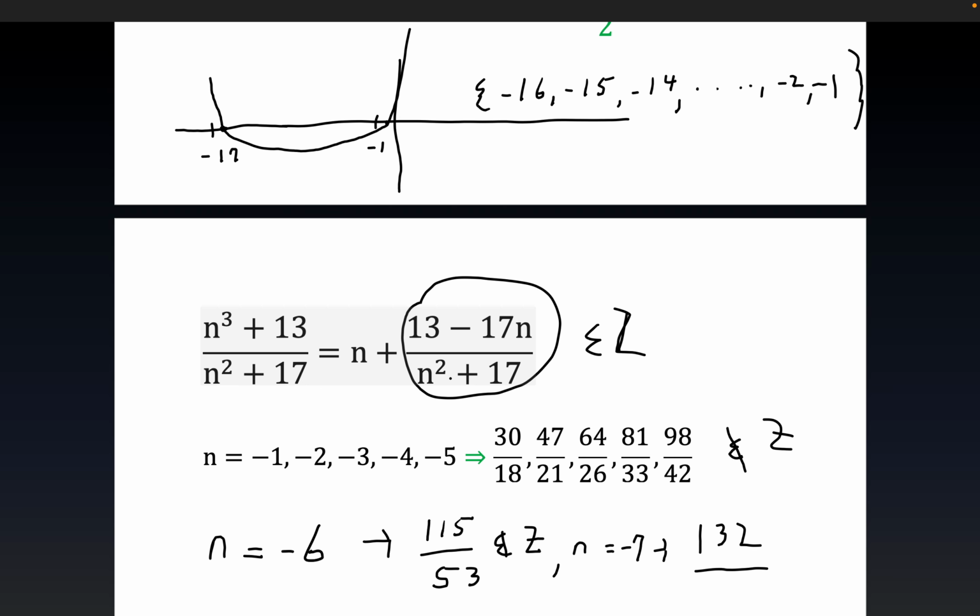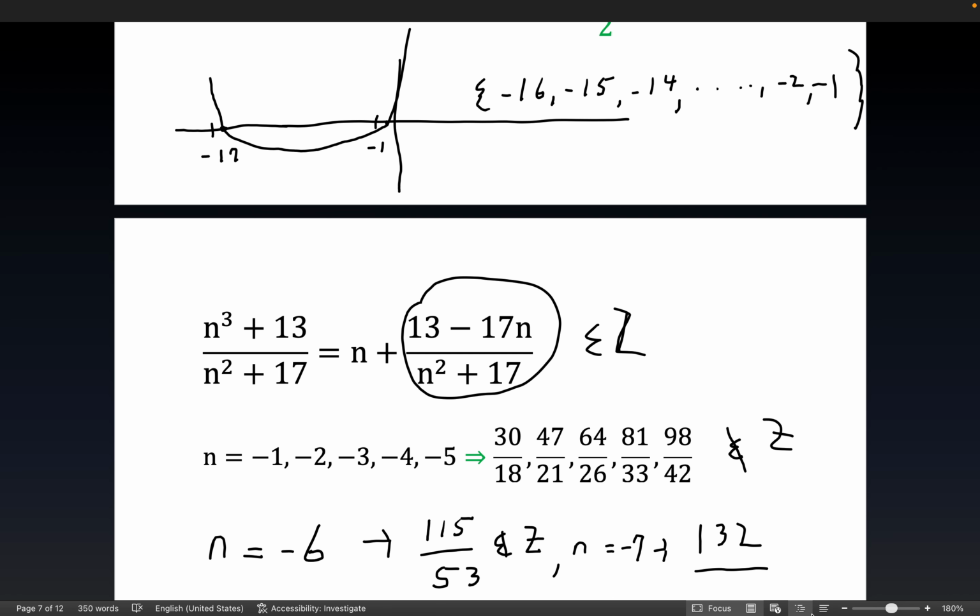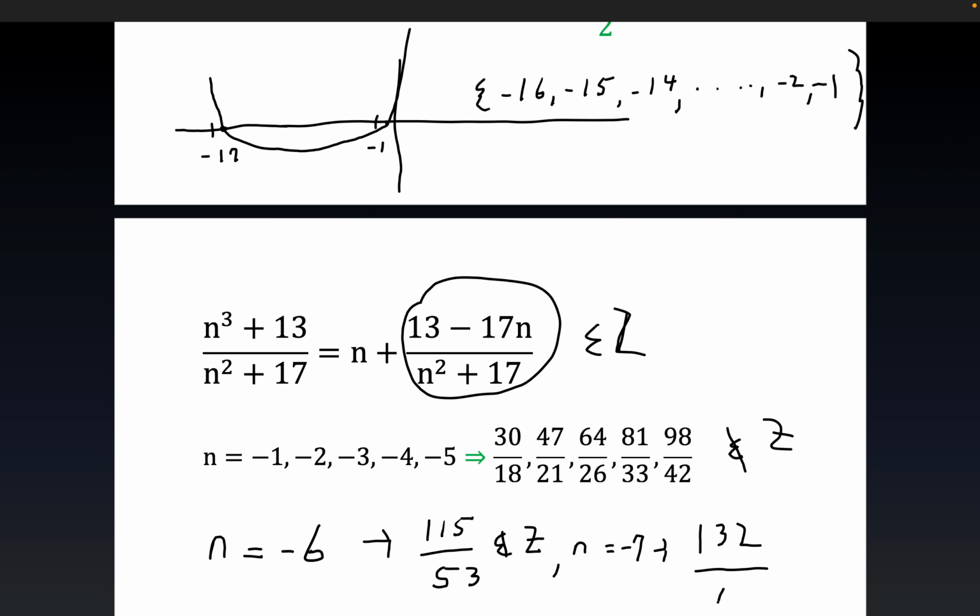And what do we get here, folks? Minus 7, 66. 66, that's looking promising. Okay, that's equal to 2, right? So voila, we got it. And of course that's a member of Z. 2 is a member of Z.